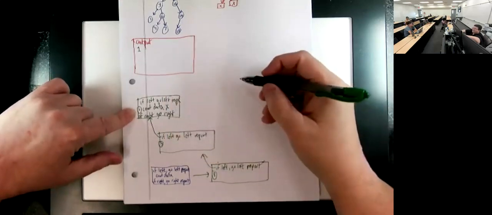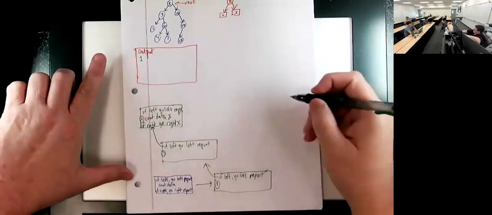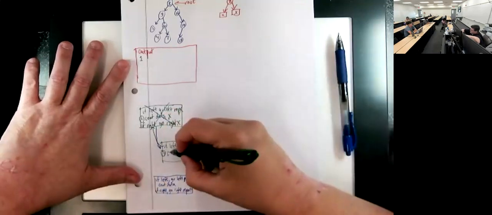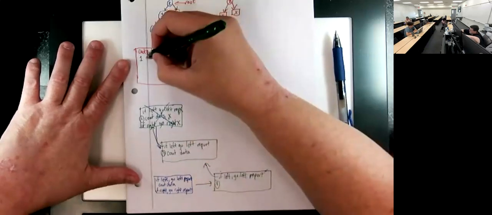And 1 does not have a right, so that line ends. This pops off the stack, this part of the code's done, and it returns down here to go to the next line. The next line here is cout the data. So a 3 gets printed.